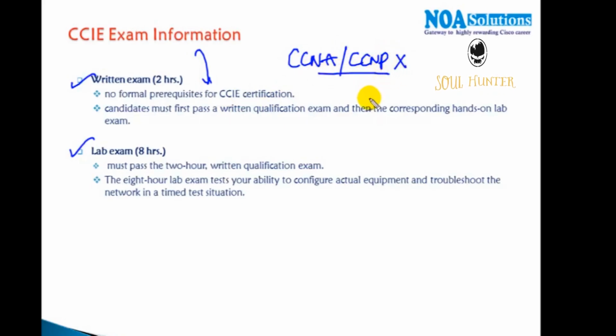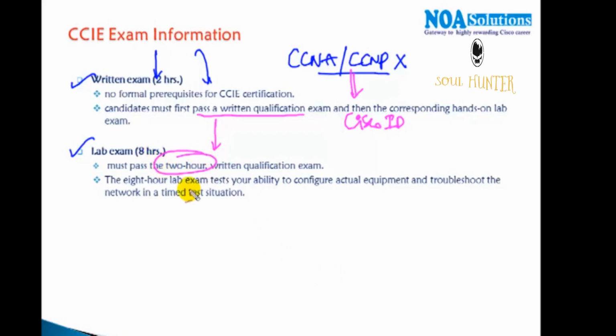You can directly write the CCIE written exam without any CCNA or CCNP certifications. If you're already certified in any of these exams, you can use the same Cisco ID to register for your exams, but that is not compulsory. The candidate has to pass this written exam before he books his lab exam.